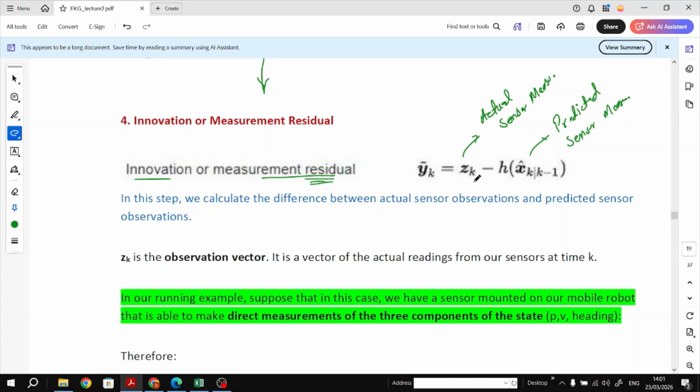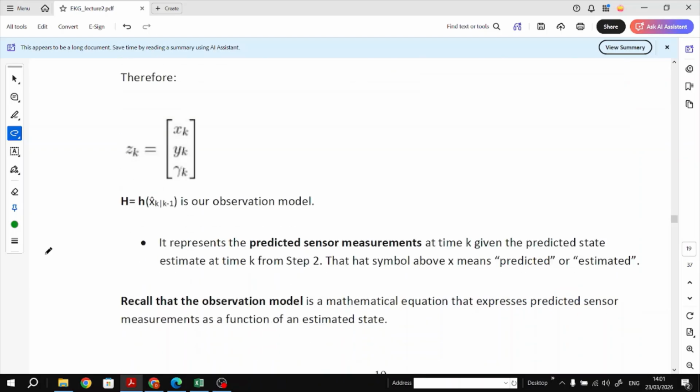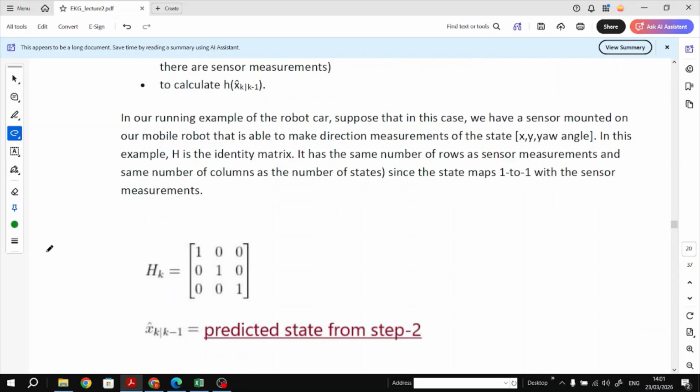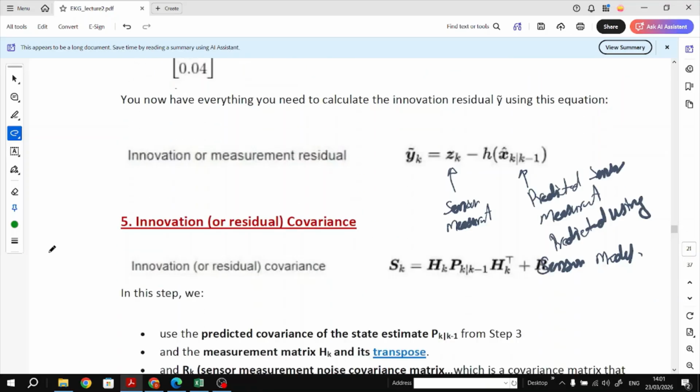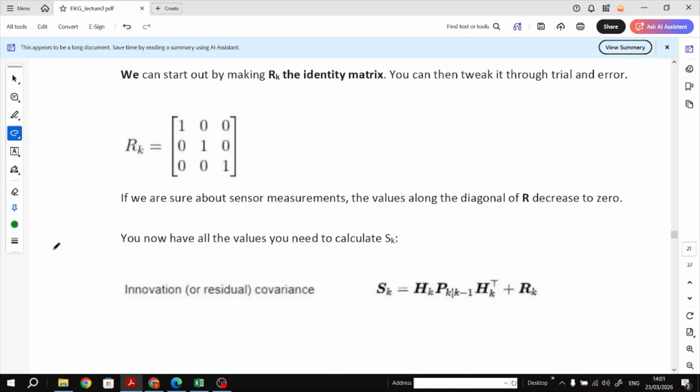This vector has the same dimension as your number of measurements. If you have two measurements, it will be 2 by 1. If you have three measurements, it will be 3 by 1. This measurement residue is then multiplied with the Kalman gain, right?